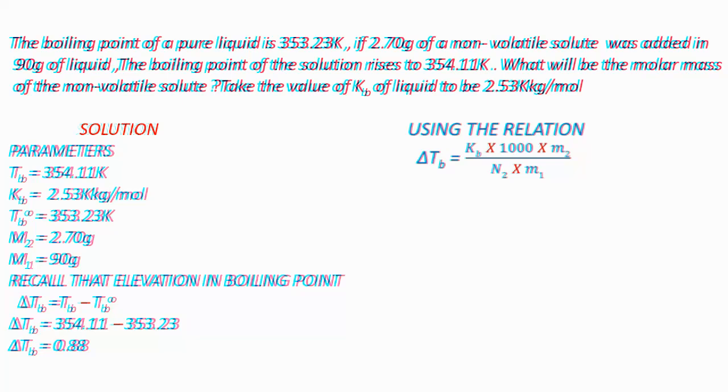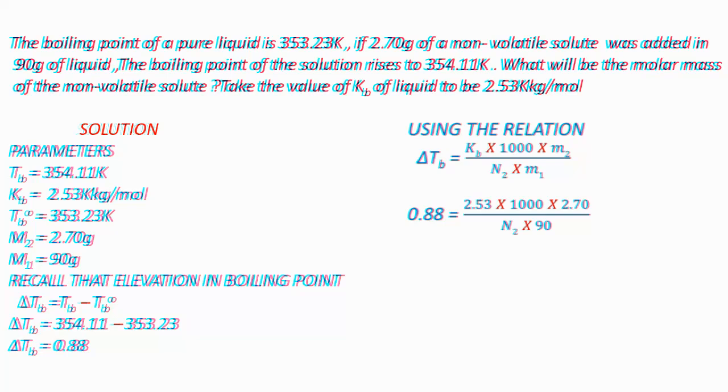So 0.88 is equal to Kb, which is given to us as a constant, 2.53, times 1000 times our M2, which is 2.70, all over N2 times 90, that is our M1. Our N2 is not given, it is what we are actually looking for.